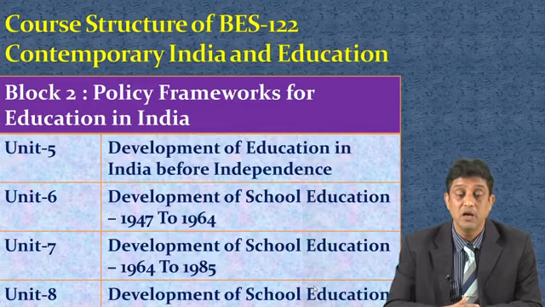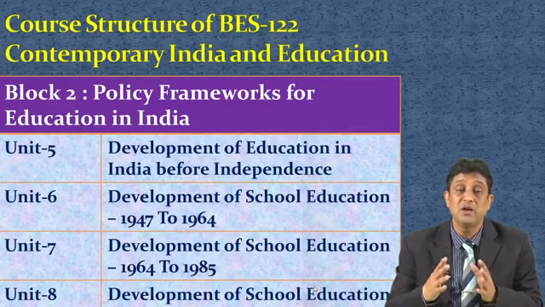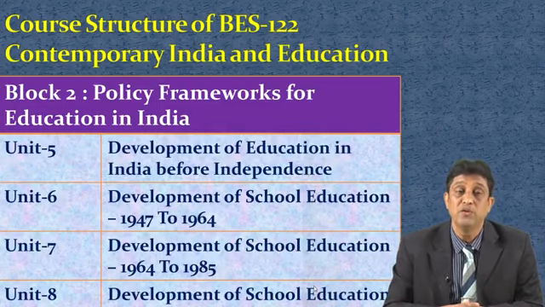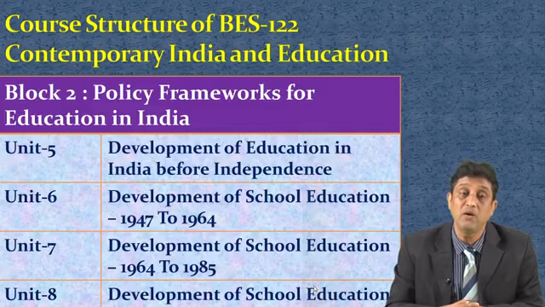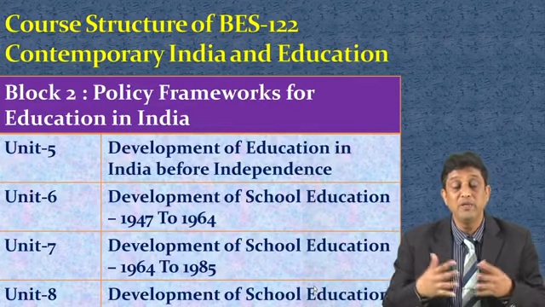So, friends, these 4 units, 5, 6, 7 and 8, will provide you a detailed understanding of the historical perspective and context of education, to understand how education has been developed in this country.